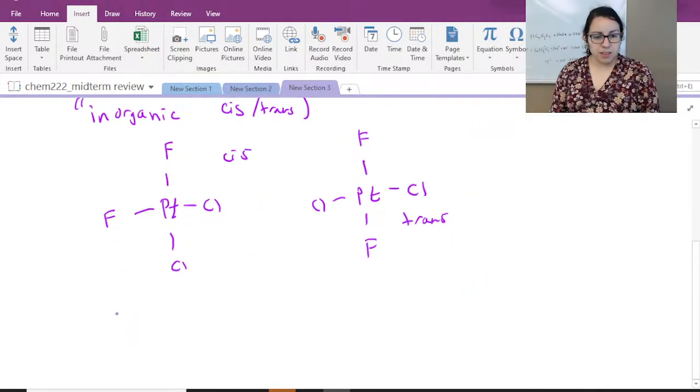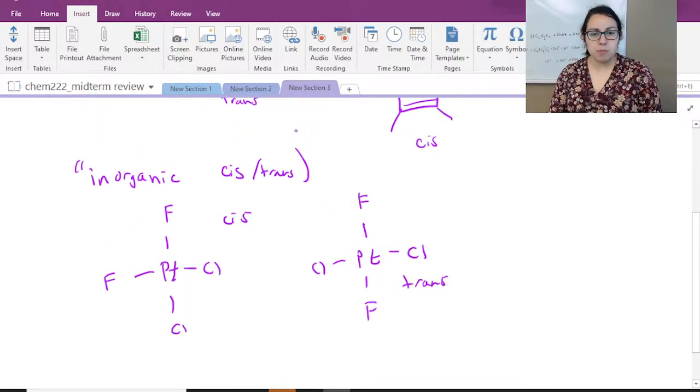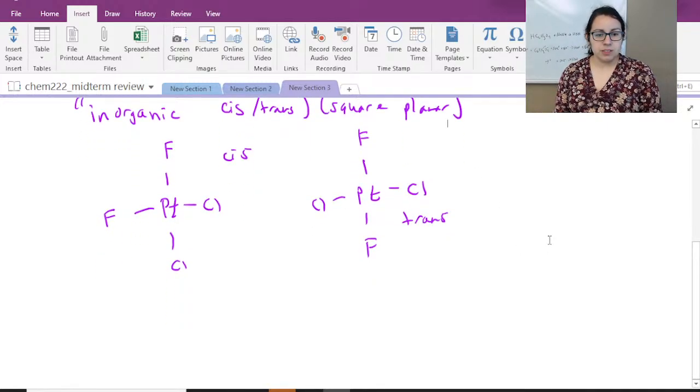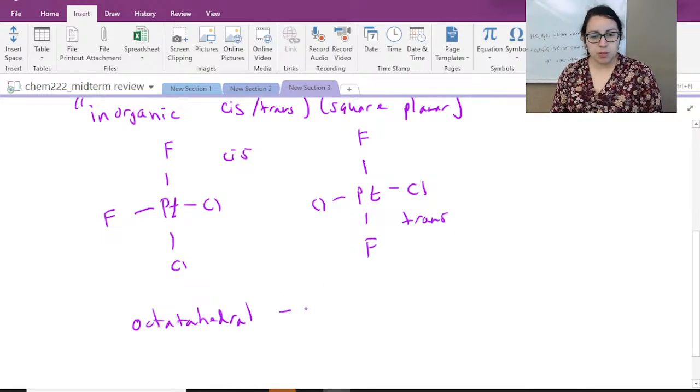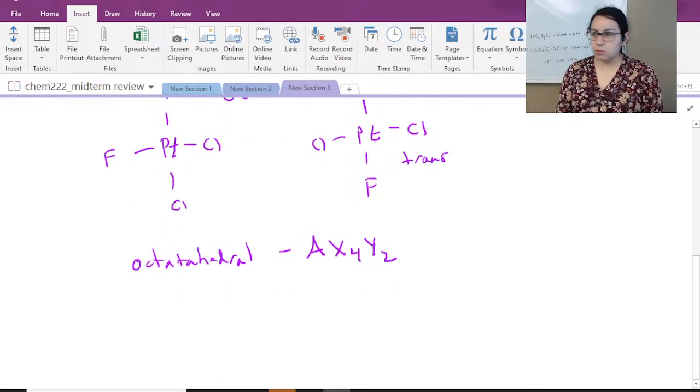And then don't forget, this is square planar geometry, versus the octahedral inorganic. This would be the form AX4Y2, where you just have two different substituents, and they're different on the cis.